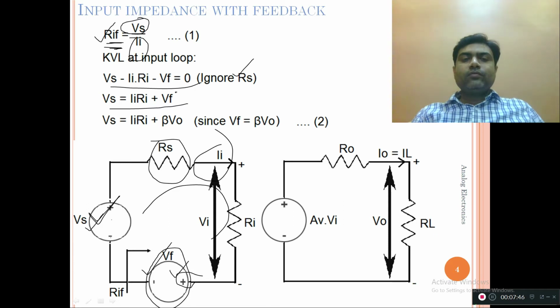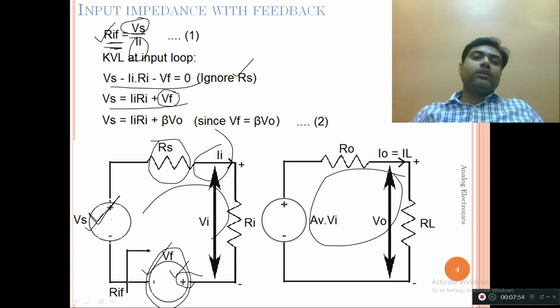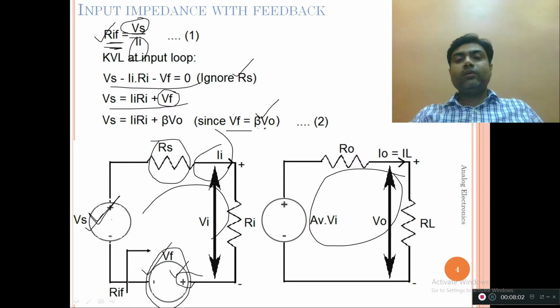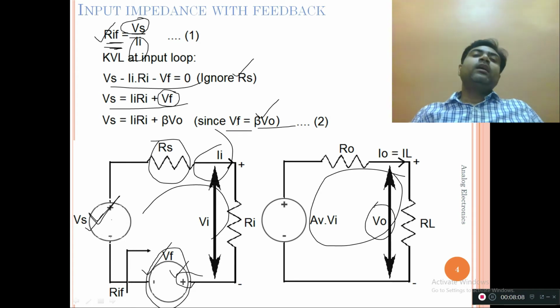And what is this Vf? Vf is nothing but the feedback which is coming from the output, and we can see that the output circuitry is the voltage circuitry, so it has to be in the form of voltage only. So this Vf, the feedback voltage, comes out to be beta into V0, and V0 is nothing but the output voltage of the amplifier.